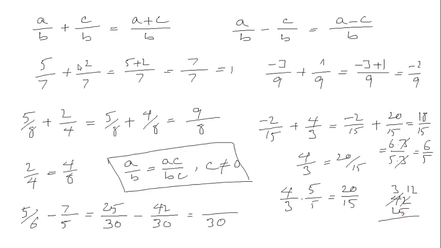So 42 minus 25 is 17. This means that 25 minus 42 is negative 17. Okay, and that's it.